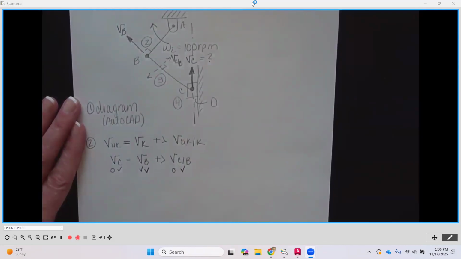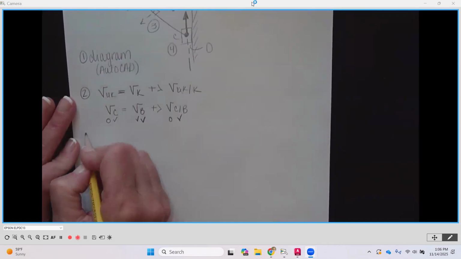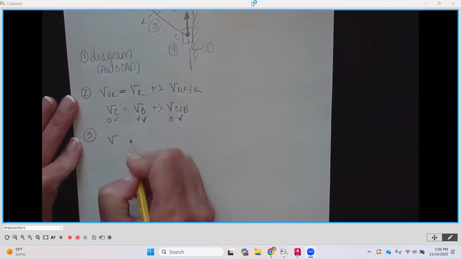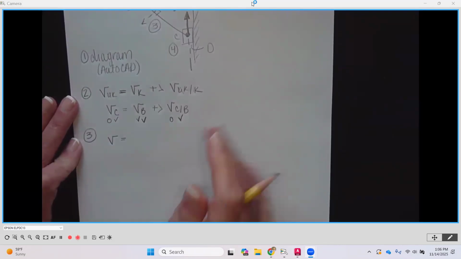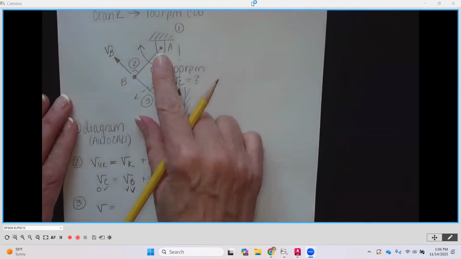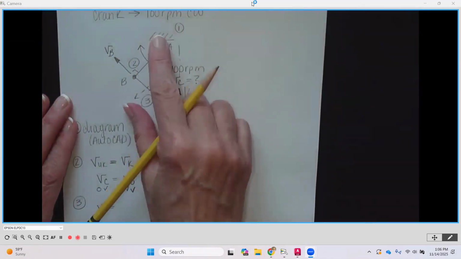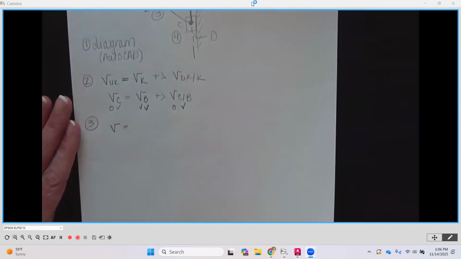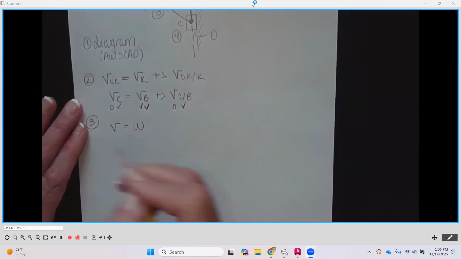Okay. So before we go over to AutoCAD and draw our diagram, let's find the magnitude of velocity of B. This is going to be our step number 3. So we know that our base equation relating rotational velocity or angular velocity to straight line velocity of any point on that same link is V is equal to W times R. Okay.